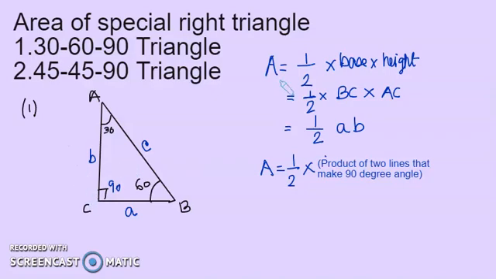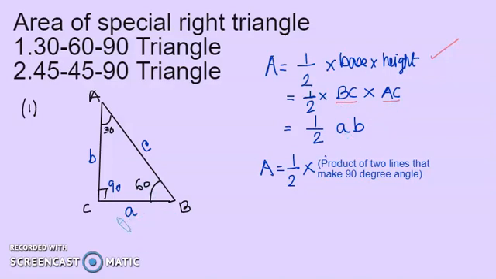As we have learned before, area of triangle is half times base times height. Now in this particular diagram, base is BC and height is AC. So half times BC times AC.